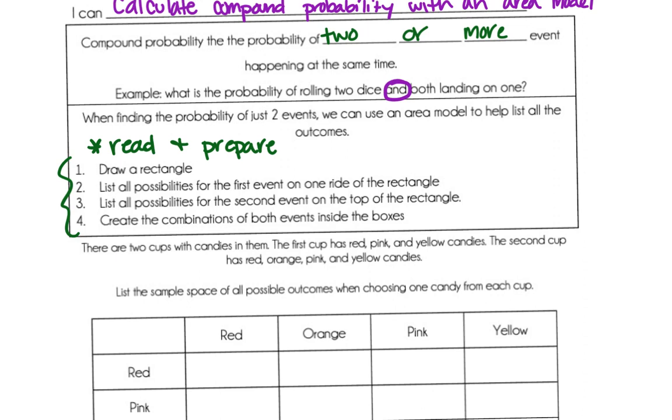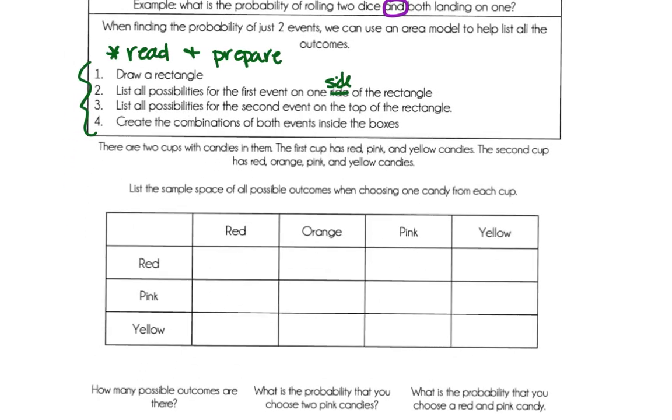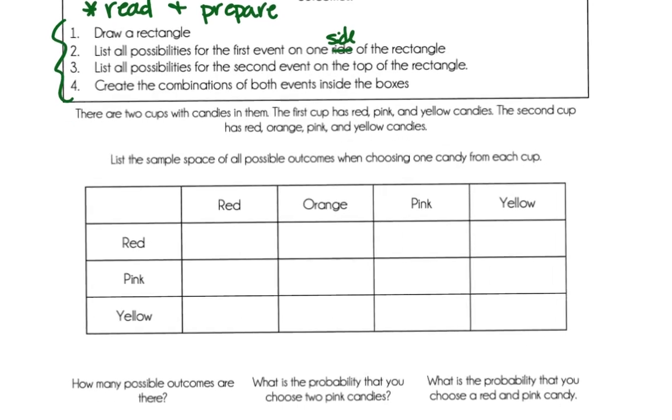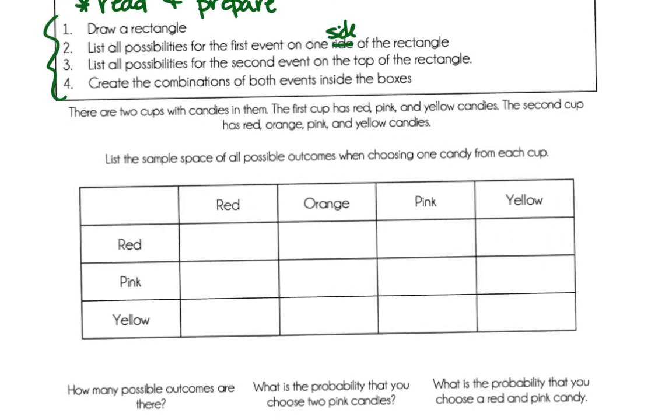We're going to draw a rectangle, list all the possibilities for the first event on one side, and then list the possibilities for the second event on the top of the rectangle. Then you're going to write down what the combinations are. I've provided the rectangle for you on this first one so you can see an example, because it does take some pre-planning.